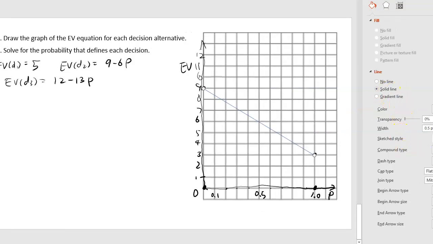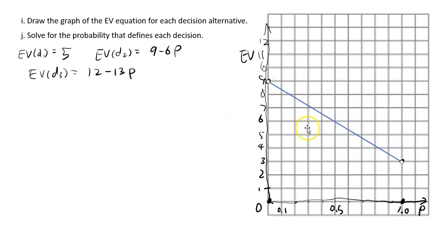Format shape. I want to make it thicker. All right, that's good. Now let's move on to D1.